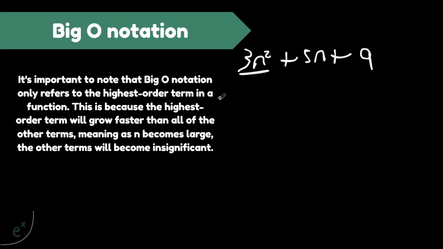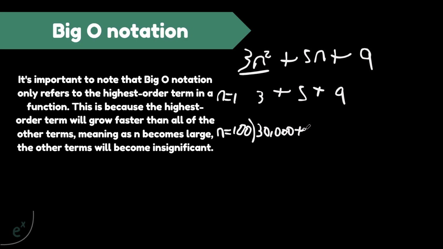Now let's see what happens if we set n to be equal to 1. Our highest order term will take on a value of 3, whereas our two lower order terms will take on values of 5 and 9 respectively. Now, as n scales up to become large, say n equals 100, we'll see that our highest order term massively outgrows the other two, taking on a value of 30,000 compared to 500 and 9 respectively.